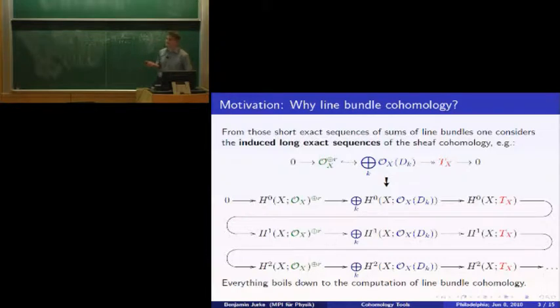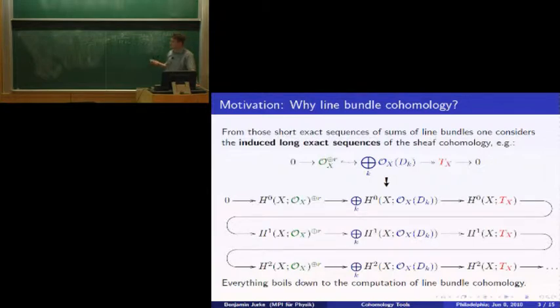Once you have a short exact sequence of line bundles, as has been written here and colored appropriately, you simply consider the induced long exact cohomology sequence, where the line bundles appear as the actual value groups with the appropriate decomposition into direct sums. So the idea is, let's assume I want to compute the sheaf cohomology with values in the tangent bundle, and I have the monad construction of the tangent bundle.